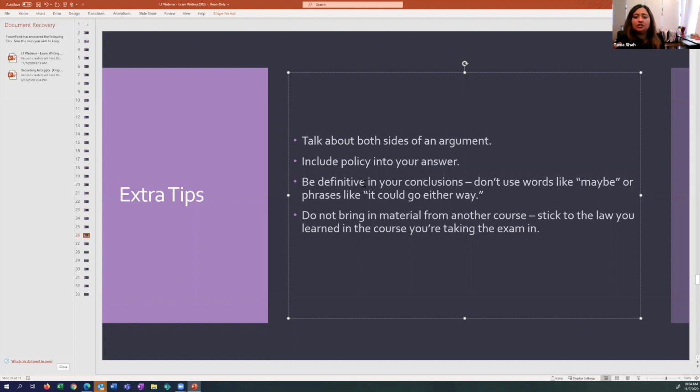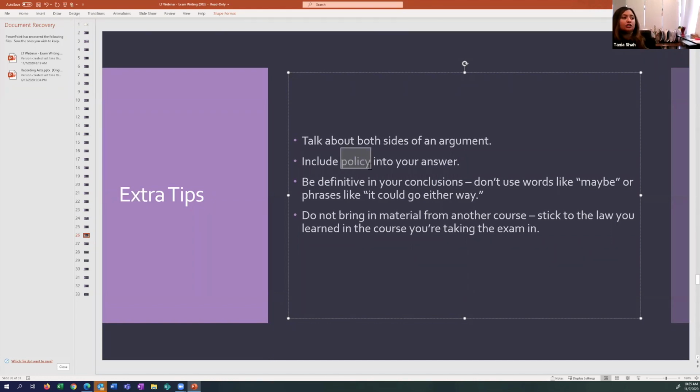John owed a duty, a special duty, to Patricia because they were married. John's going to argue that the marriage wasn't doing well, and therefore he didn't owe her that duty. However, whether or not the marriage is doing well, it doesn't matter. He still owed her a special duty, right? Something to that effect. So you want to make sure that you argue both sides.